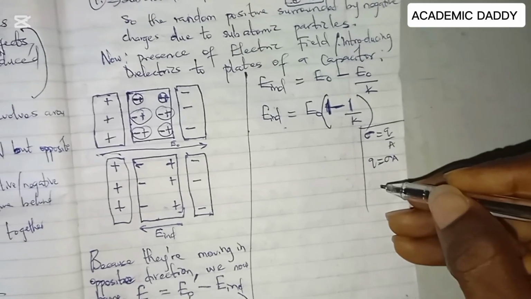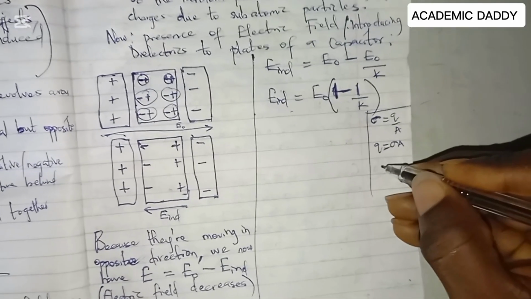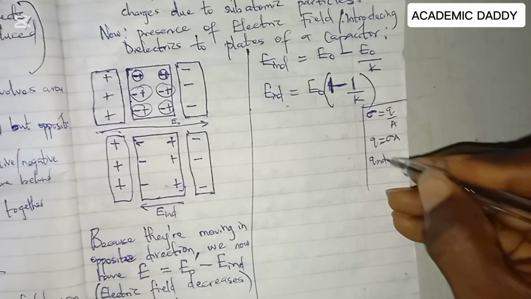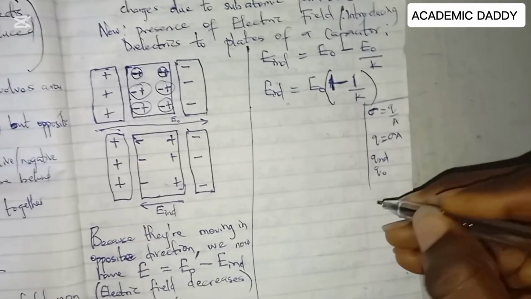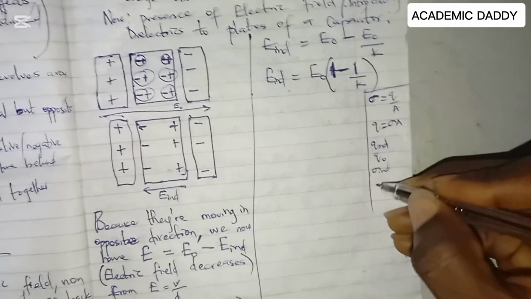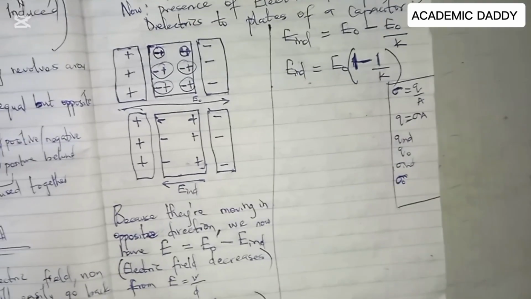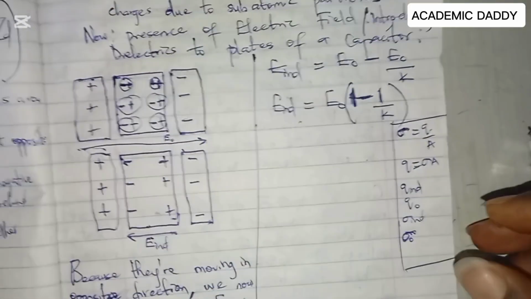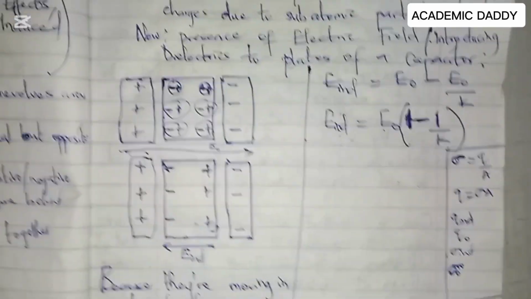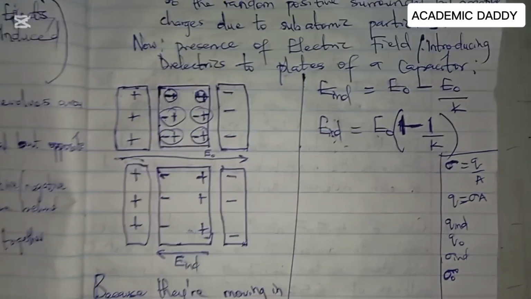So it is now up to us to always remember that if that is the case, we should have charge induced and initial charge, and surface density induced and initial surface density. We need to remember these things, because we are dealing with induced and initial electric field. So for that reason, we need to compare.